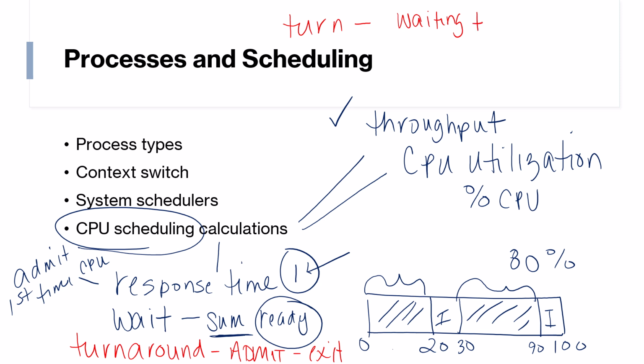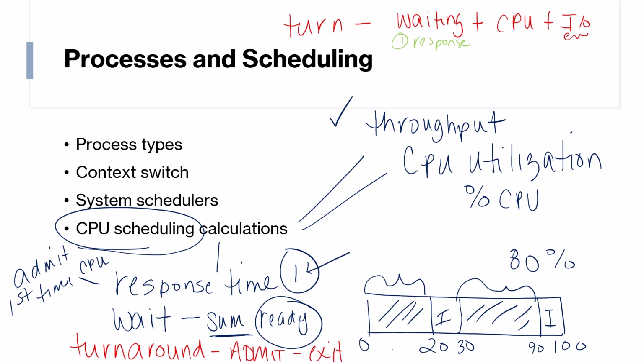Keep in mind that the very first waiting time is your response time. So you would add up your waiting time plus all the time on the CPU plus all the time that you're in I/O or at an event, and that is going to equal your turnaround time. So you add up all the time that you're active. So it's from the time you get admitted into the system until the time you leave the system.